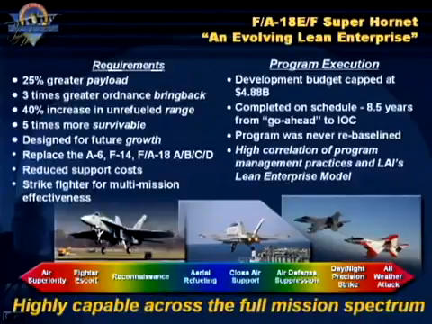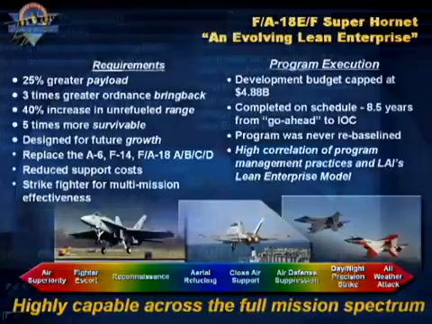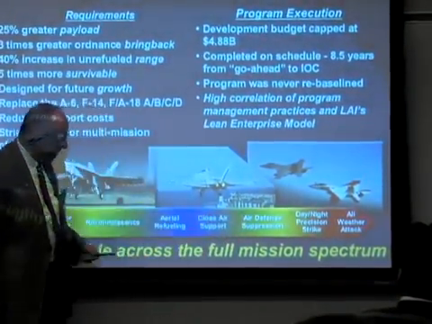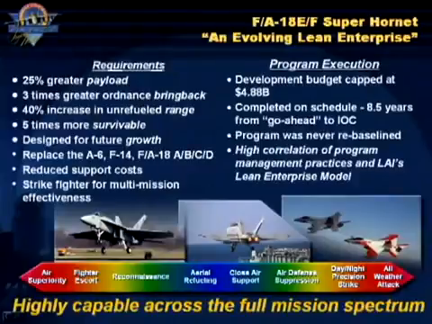And they did it within budget, did it on schedule, actually ahead of schedule, 1,000 pounds underweight, and there's a high correlation between those program management practices and our lean enterprise. And that's all the way from trying to do all of these various missions, as you can see here. It's one of the big success stories of industry.